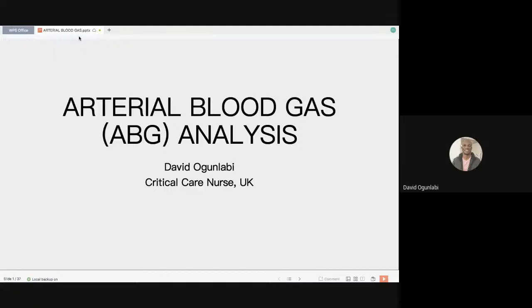ABG analysis. So I want you to be attentive because we're going to be learning a lot of things in this session. Now, when we talk of arterial blood gases, it's very simple.